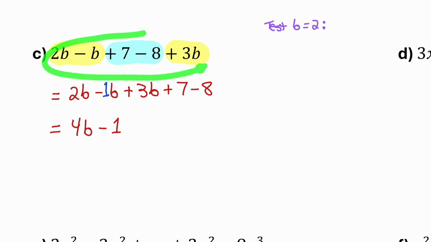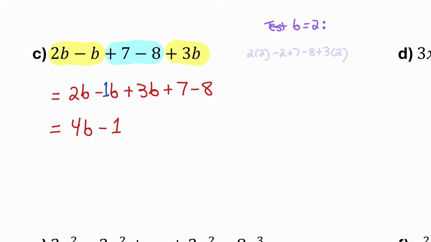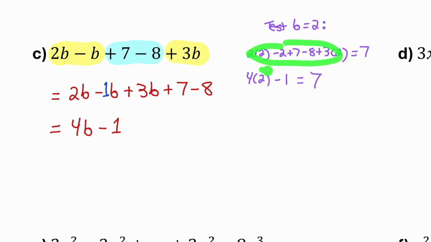If I rewrite the original expression but change all the b's to 2, I would have 4 minus 2, which is 2, plus 7, which is 9, minus 8, which is 1, plus 6, which is 7. And if I sub 2 into my final simplified expression, I would have 4 times 2 minus 1, which is 8 minus 1, which is also 7. So notice both the original and the simplified both gave a result of 7. Now, technically, that doesn't prove that they're equal for all values of b.